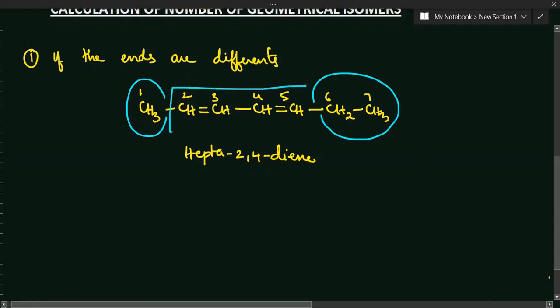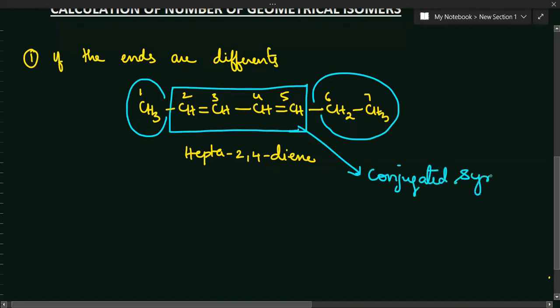Excluding this conjugated system, we have to check. This is the conjugated system. So on either side of this conjugated system, if the ends are different, then the formula is 2 power n, where n is the number of pi bonds, or the number of stereo centers.